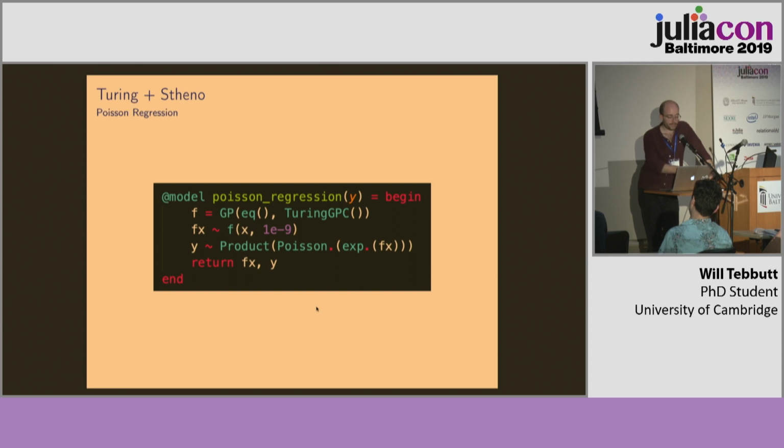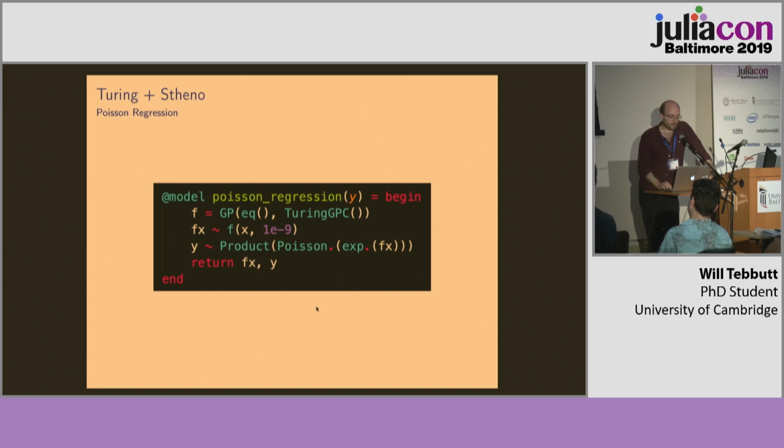And then fx tilde f at x, 1e-9, is just saying that fx is multivariate normal distributed, by indexing into the process f and adding a tiny, tiny bit of noise for numerical stability.